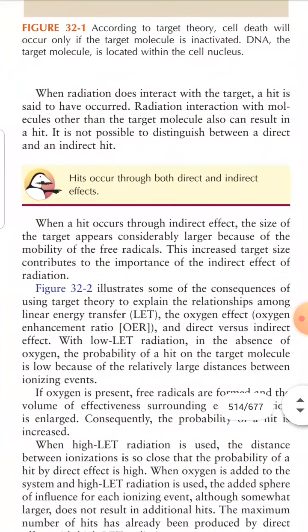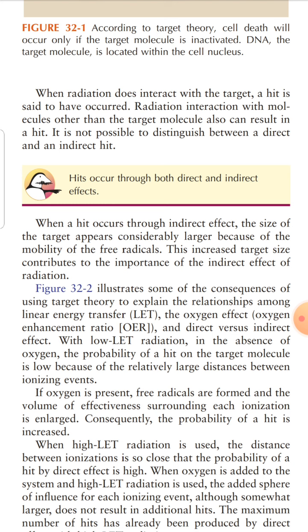Next we talked about the hits, and first we described that a hit is basically the radiation interaction with the molecules, and it's not necessary that the interaction will always be between the target and the radiation.